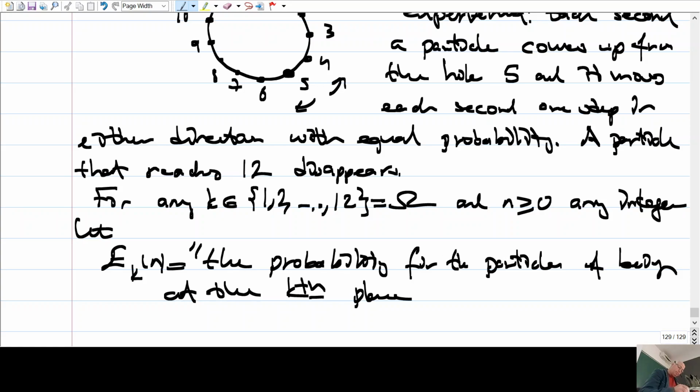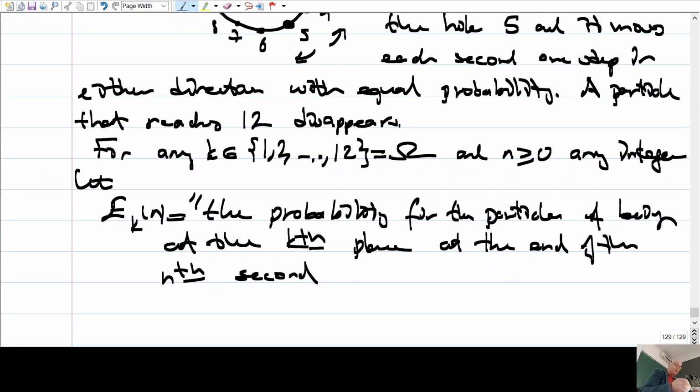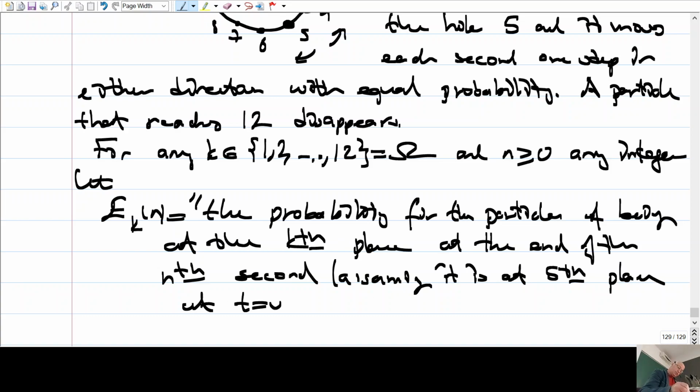Actually, I should say for the particle at the kth place at the end of the nth second, assuming that it is released from this point 5 at time 0, assuming it is at the fifth place at t equals 0.